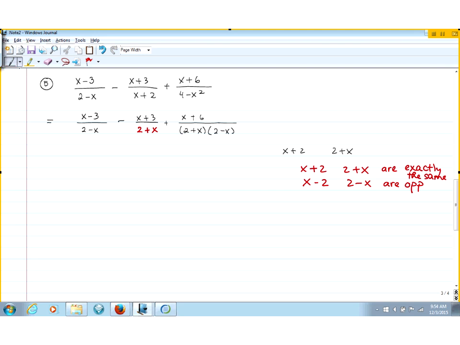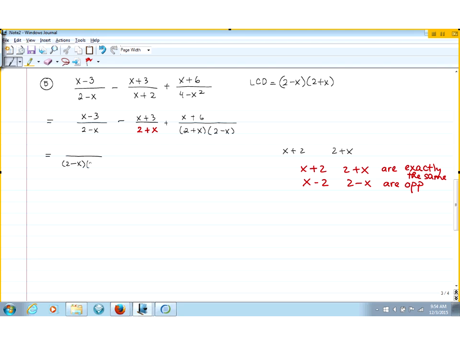Now, what is my LCD? Let me write my LCD here. 2 minus x times 2 plus x. Is that it? Yes, it is. So let's write these.